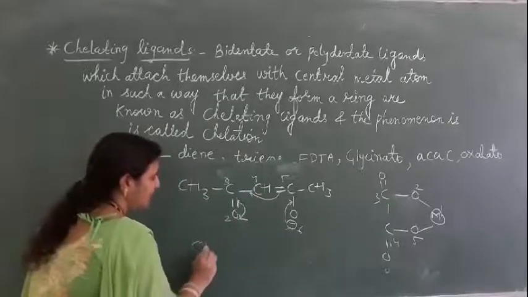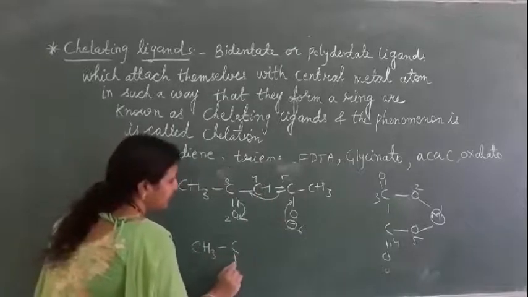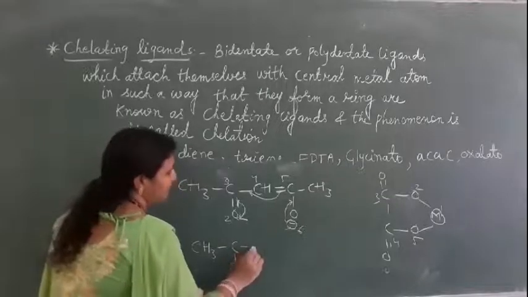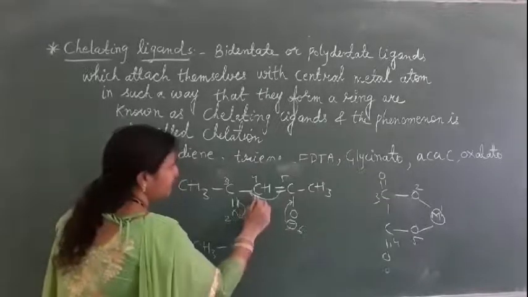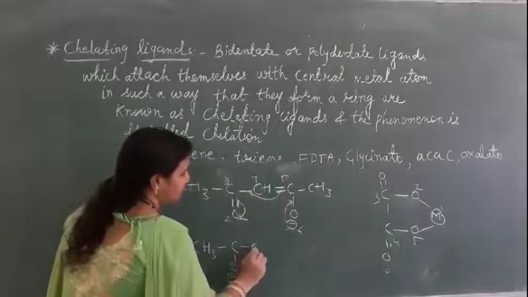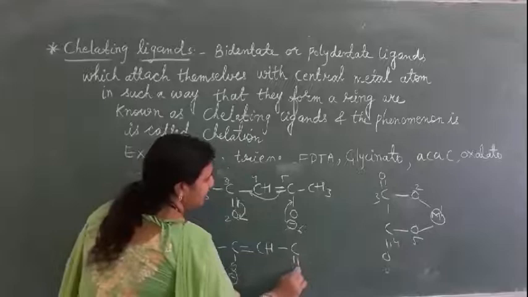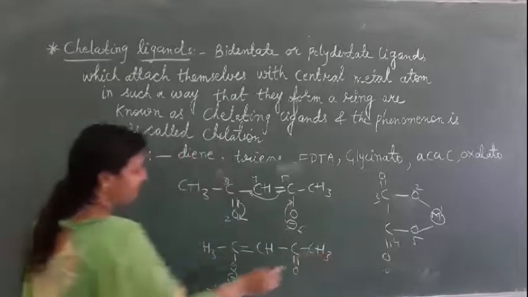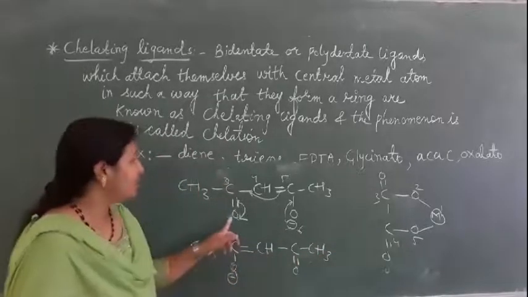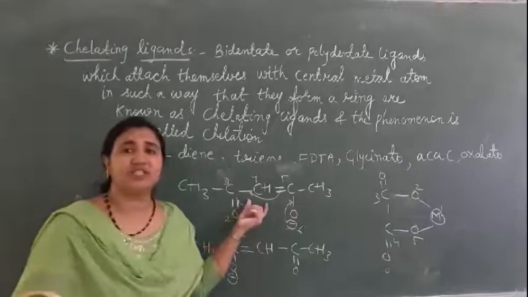So here we get CH3, CO minus, and this bond will come here, so it becomes a double bond, CH single bond, C again double bond, CH3, as we saw yesterday. So this charge is delocalizing. This is a conjugation system.